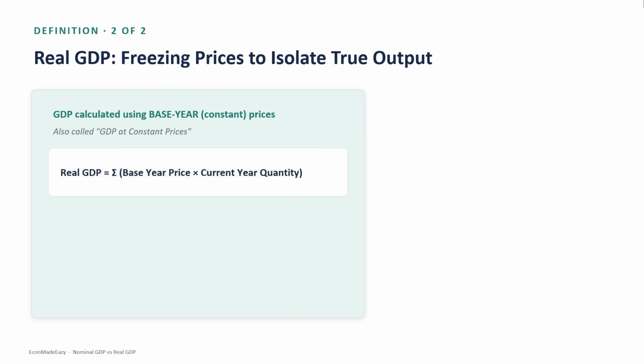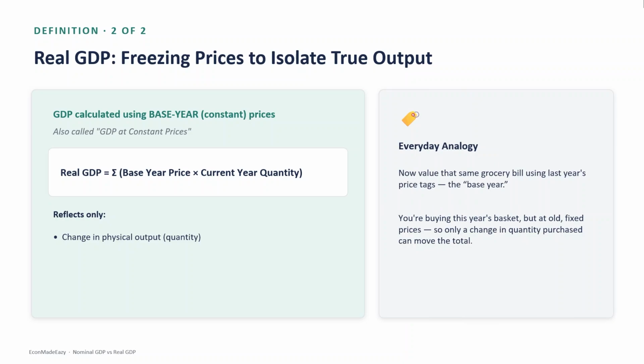We calculate it by multiplying the current year quantity by the base year price. Since prices are kept constant, any change in real GDP must be due to a change in the quantity produced. Using our grocery example, we value this year's basket at last year's prices. The strength is that it removes the effect of inflation and shows whether the economy is genuinely producing more.